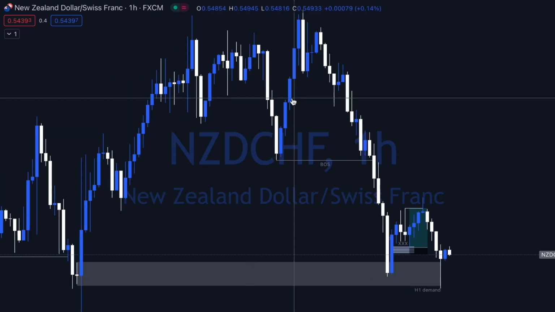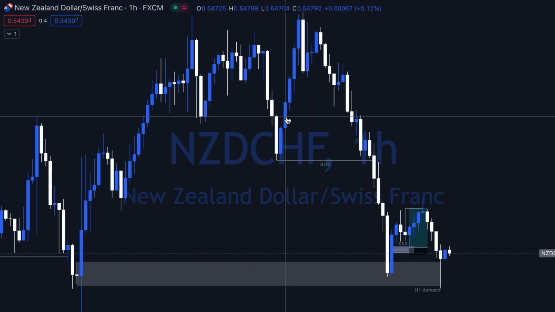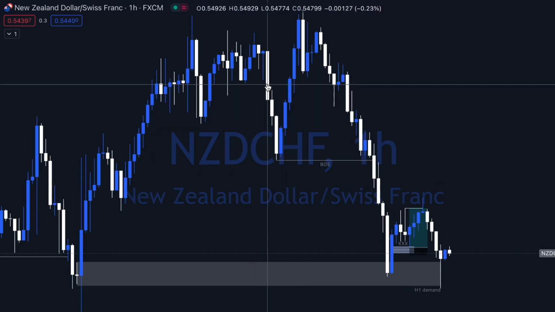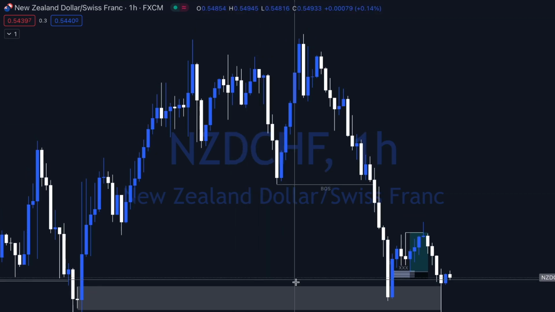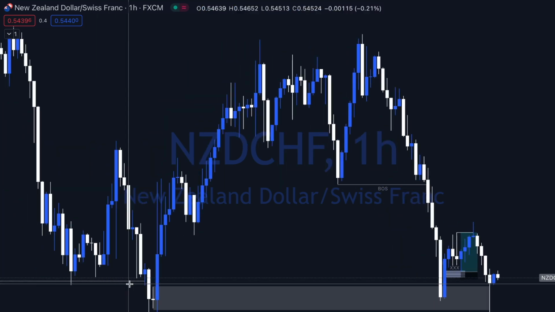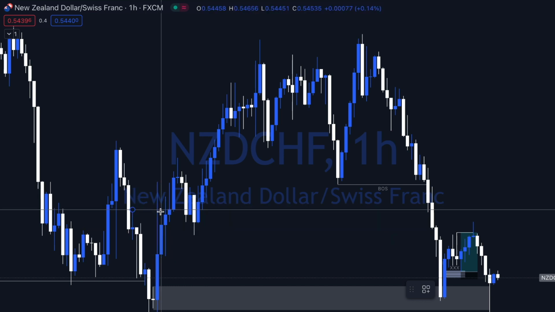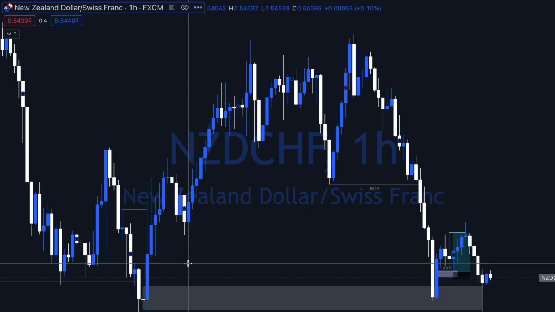So we came down here, or we went up here. We took this liquidity up here, came back down, and we broke this structure here. This was a demand zone that I marked up, so I considered this as a high that was taken out.